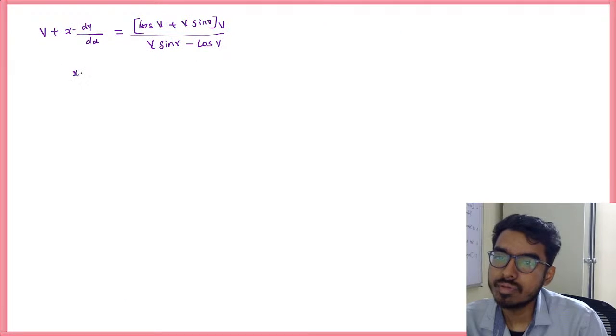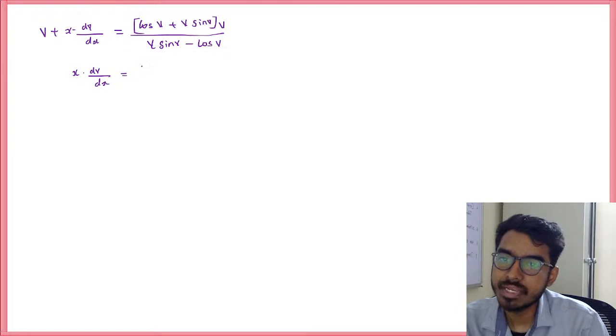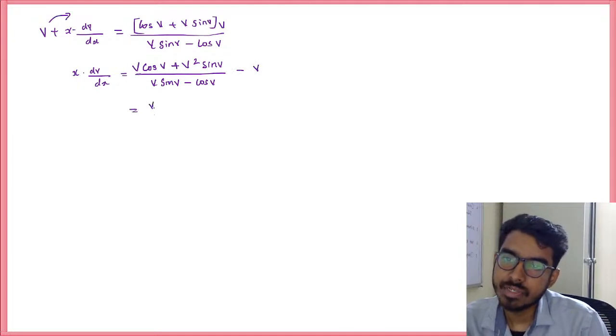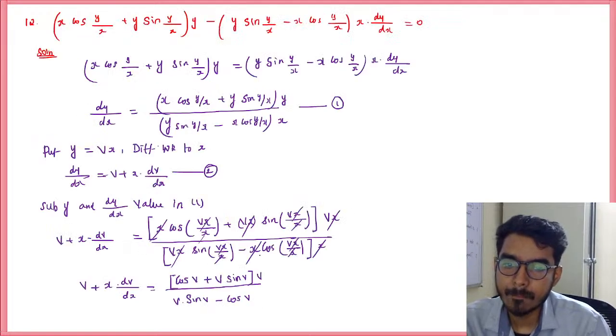So we'll simplify this. So we will have x into dv by dx is equal to, let us take this v to that side. So if I multiply this v here, we will have v cos v plus v square sin v divided by v sin v minus cos v minus v, right? I'm just taking this v to that side. If I simplify this, we will have v cos v plus v square sin v minus v square sin v minus v cos v minus cos v.